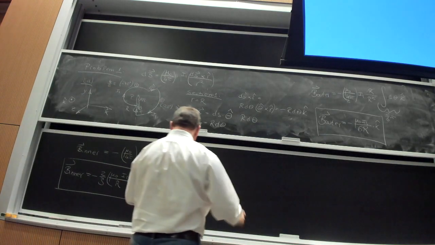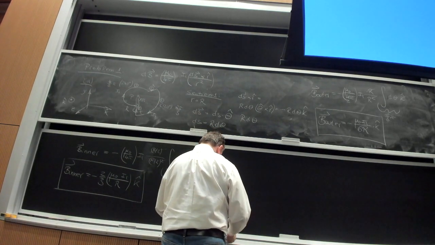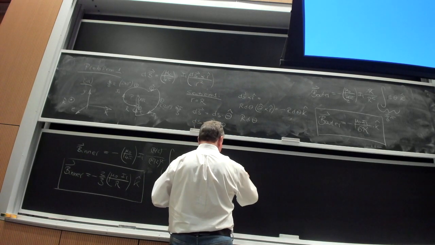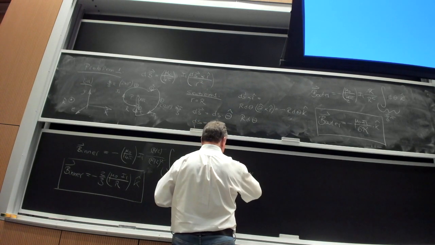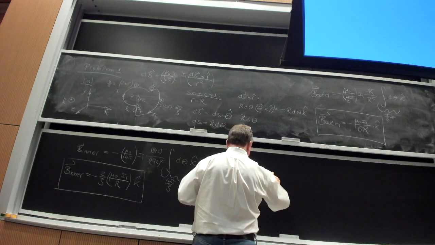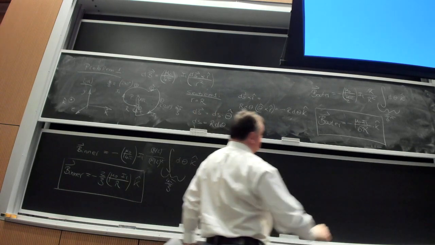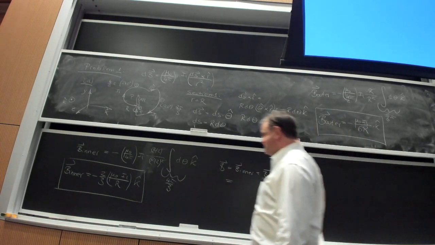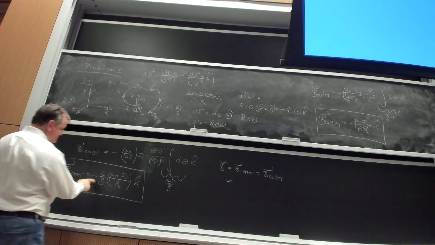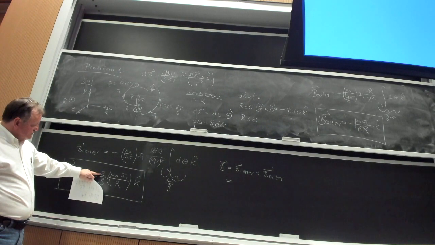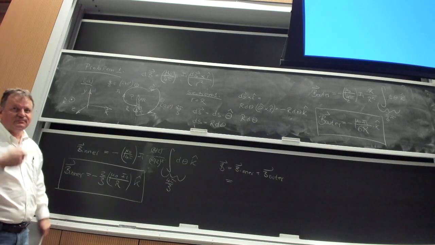And then the end result, to quote the total magnetic field, is the superposition of both sections. So the inner section plus the outer section. Here you have 1 over 6. You have here 2/3. You multiply this by 2. Then you have here 4 plus 1 is 5.